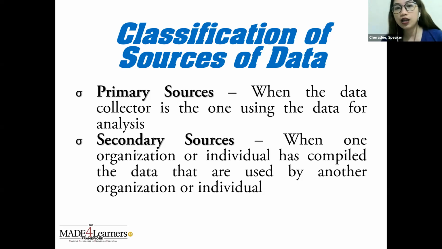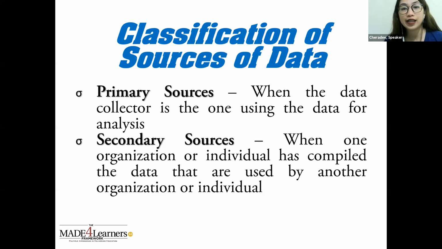Now, which one is better? Of course, there are pros and cons for both sources. For primary, you can attest that the data is correct and accurate because you're the ones who collected the data on your end. Secondary, on the other hand, is the opposite of the advantage for primary, because what if the data are manipulated? So that's the difference with secondary.